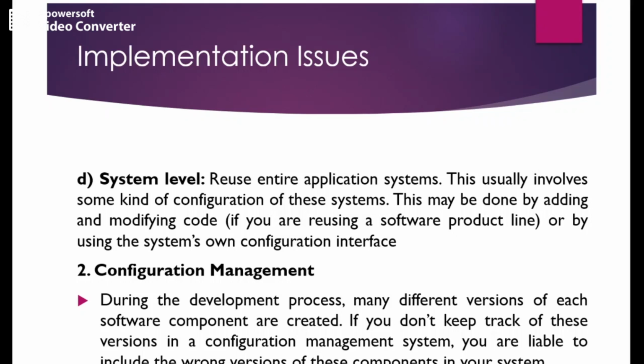Eclipse IDE has Galileo, Juno, Oxygen, all different releases. Android also has Lollipop, Ice Cream Sandwich, all different versions. You need to keep track of those versions, or you are liable to include the wrong versions. Don't include the wrong versions.